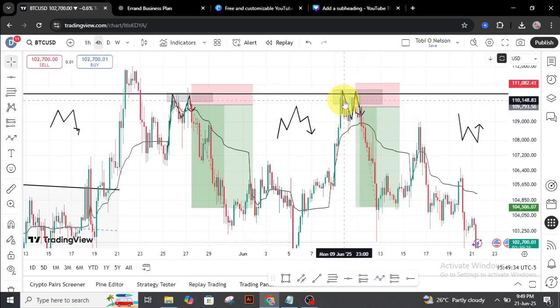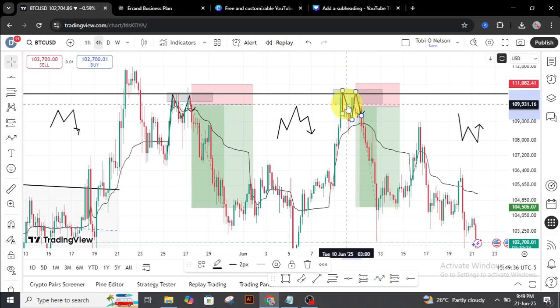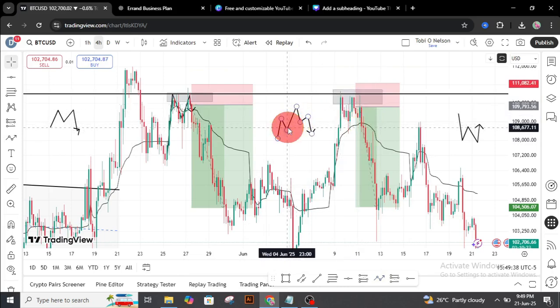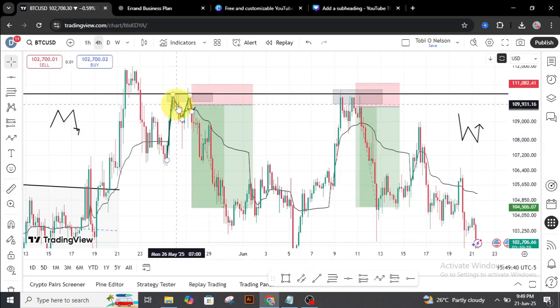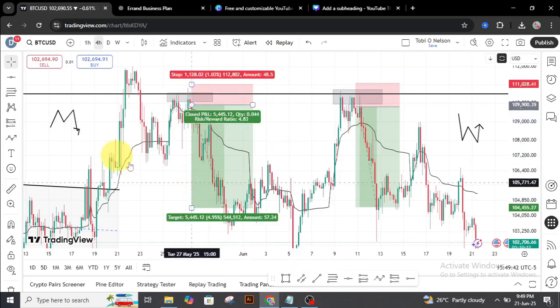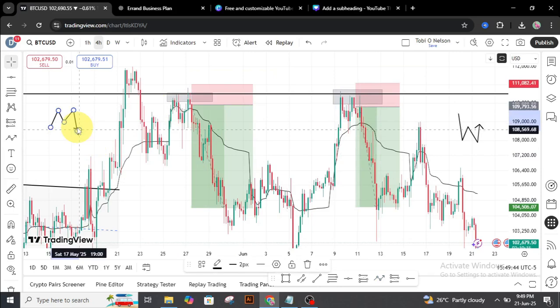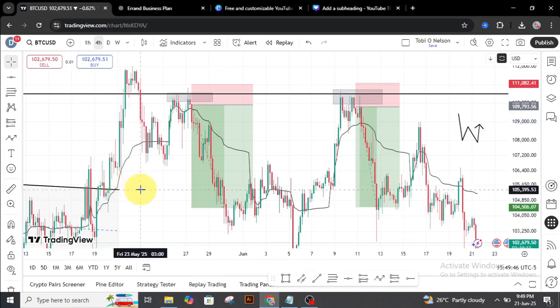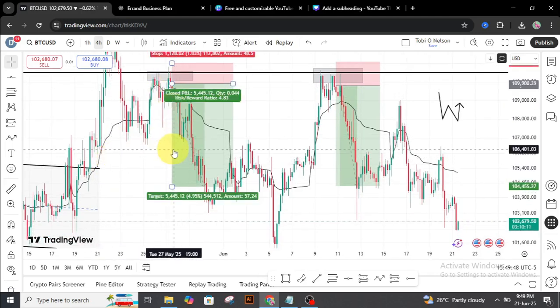When you see this pattern, you want to check your RSI, for you to be able to determine if the market is likely to reverse from there.